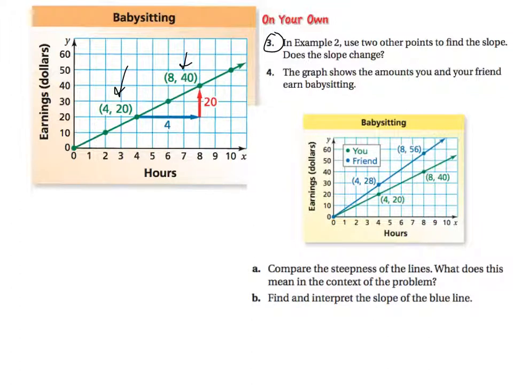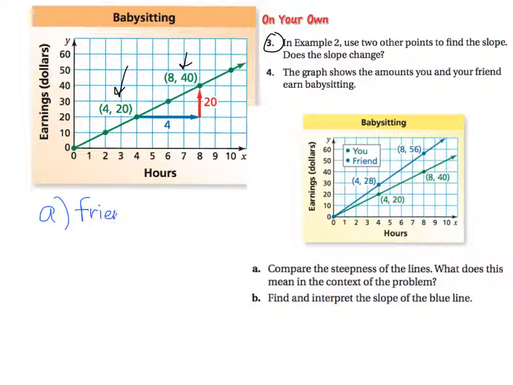All right, now in example 4, the graph shows the amounts you and your friend earn babysitting. So as you look at this graph, the earnings in dollars is represented by the y-axis and hours is represented by x. You are represented by a green line and your friend is represented by a blue line. Compare the steepness of the lines. What does this mean in the context of the problem? Which line is steeper?